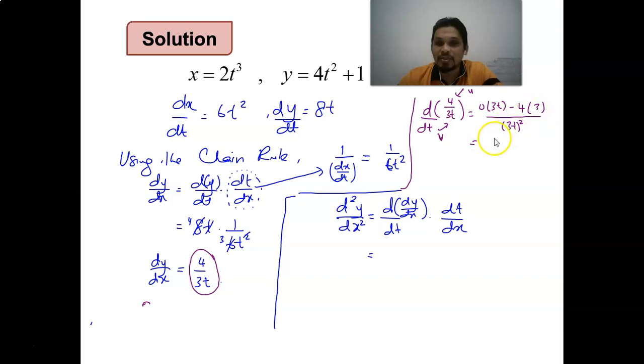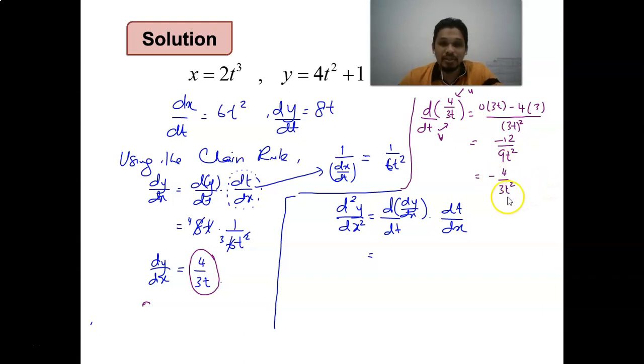Negative 4 times 3 equal to negative 12 divided by 9t squared, and then between 12 and 9 we can divide by 3, so 12 divided by 3 equal to 4, 9 divided by 3 equal to 3t squared.